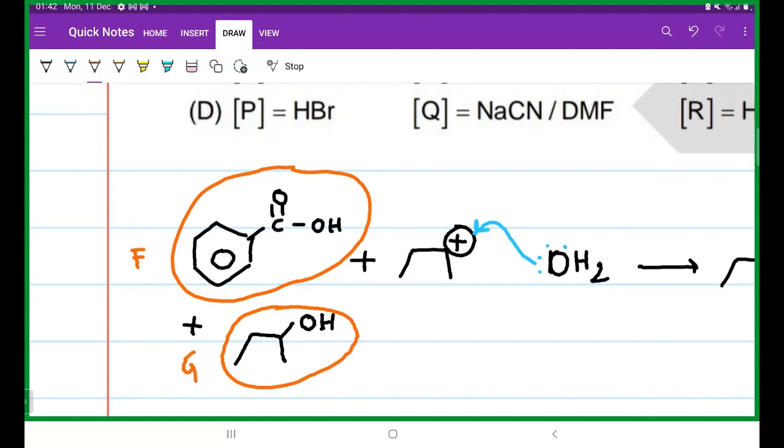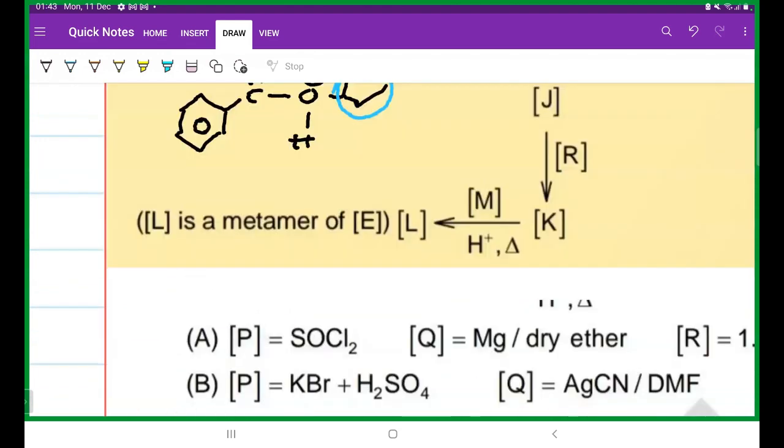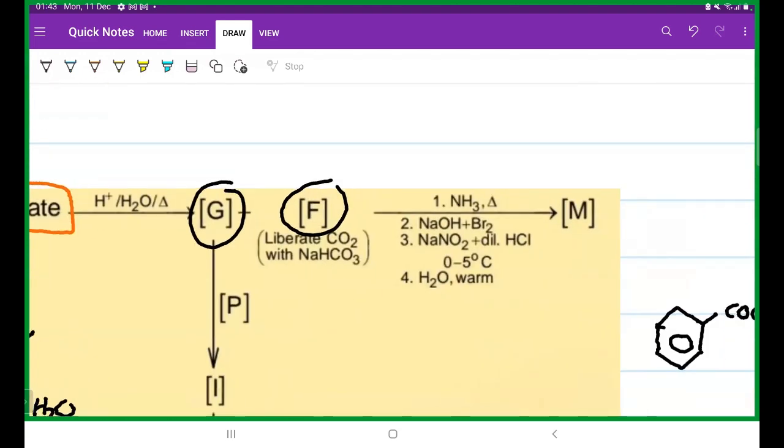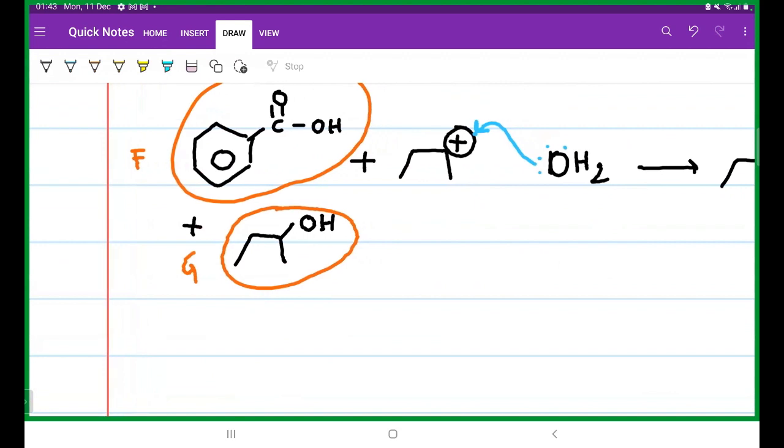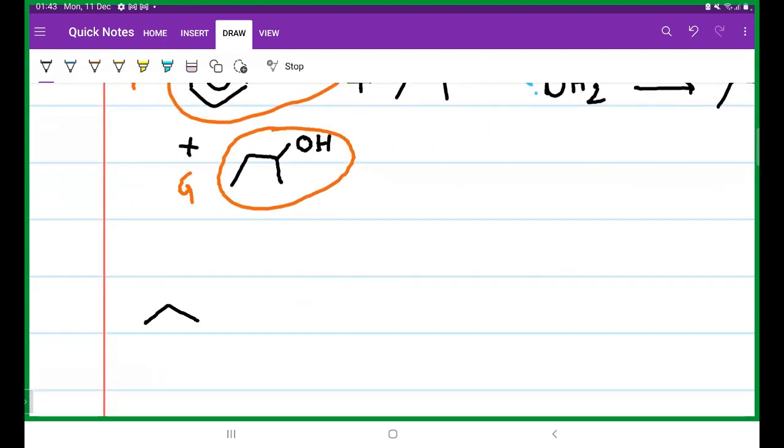All right. So from F, after adding so many reagents, we are getting M, right? So let's first complete all the reactions with F. This one should be easy.